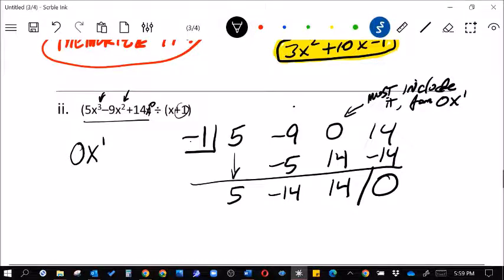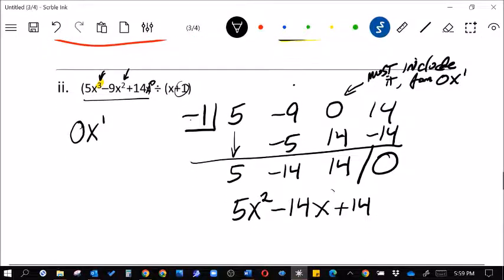And add those together, and I get a 0, and that tells me this is an exact factor. I have a 3 as my degree, so I have to go 1 less to the degree of this. So my depressed polynomial is 5x to the second power minus 14x plus 14. All there is to it.